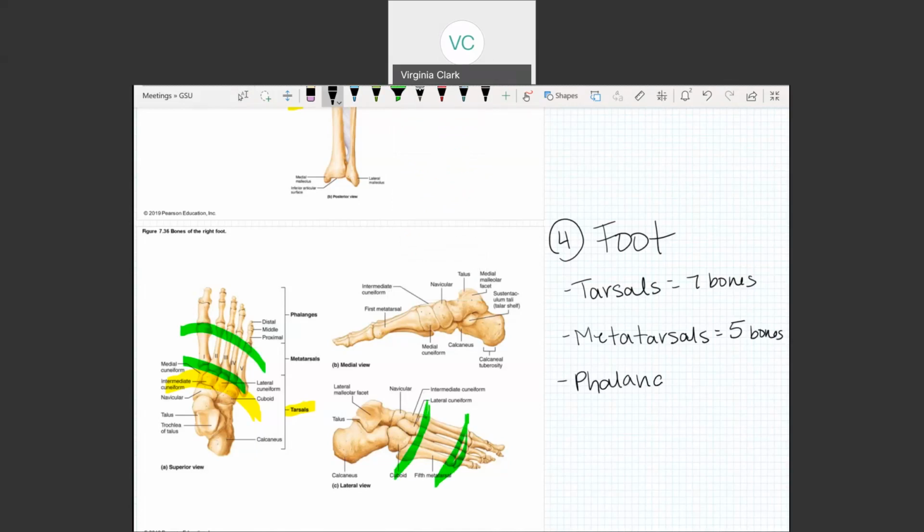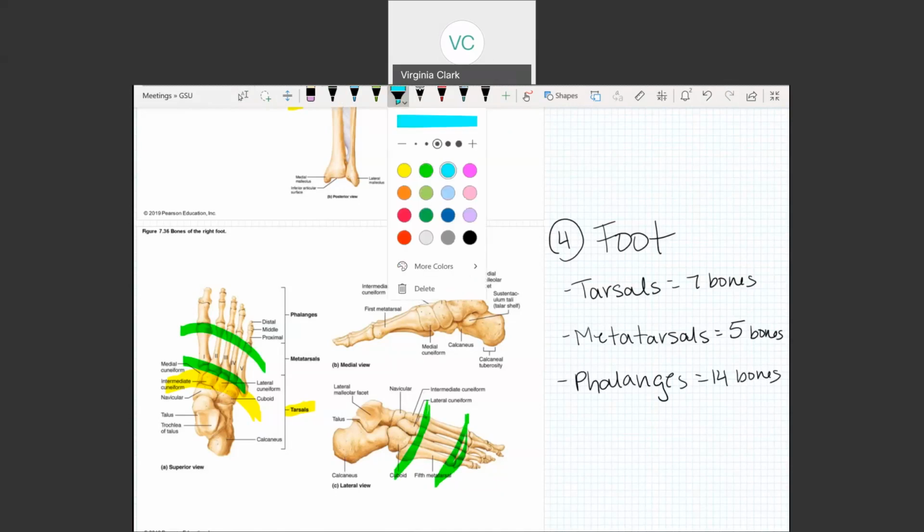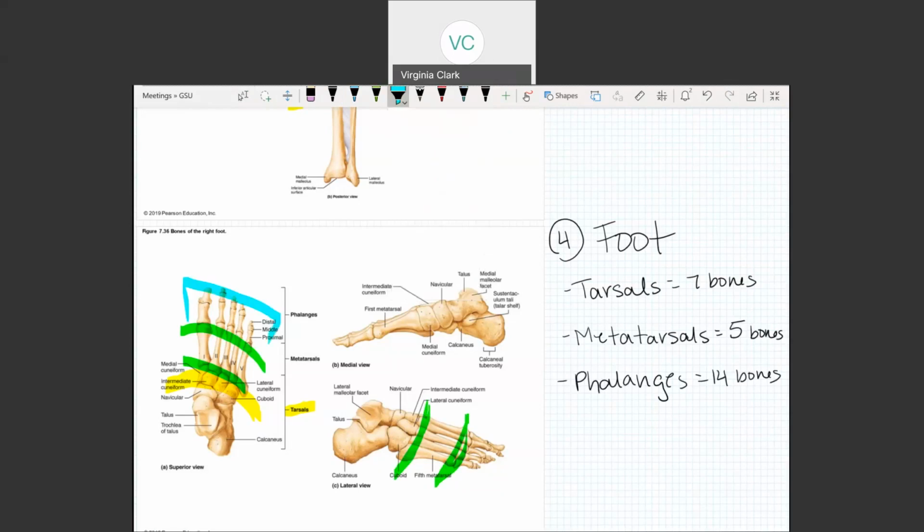This follows the exact same pattern as your fingers. They are also called the phalanges. There are only going to be 14 because this follows the same path as your phalanges right here, where they will all have 3, except your large toe will only have 2, which puts it at 14.